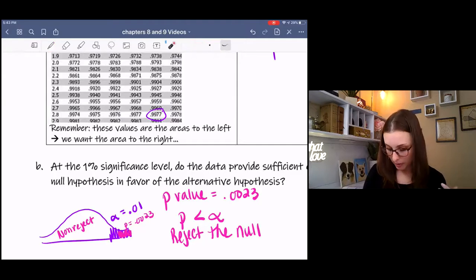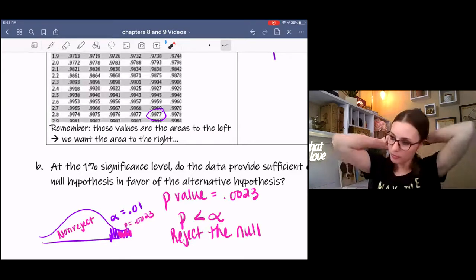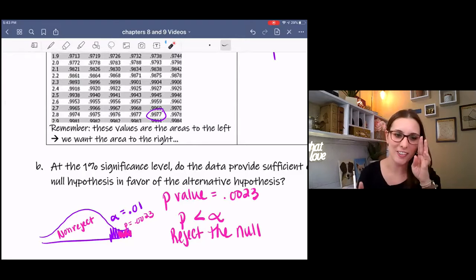And in this case, we did some sampling process, maybe a sampling distribution, and we found a value, found the z-score, and it put us out here in the rejection region outside of our confidence level.